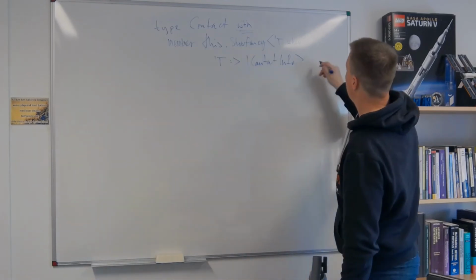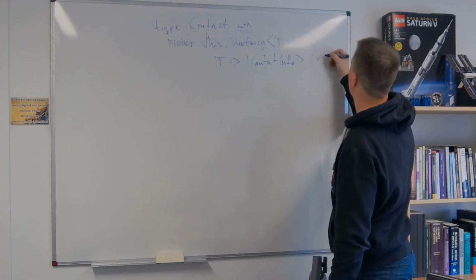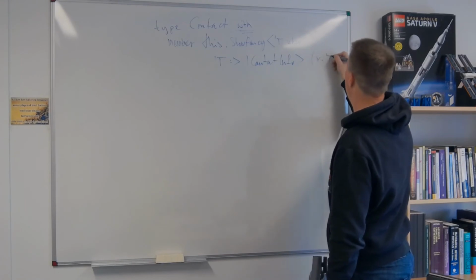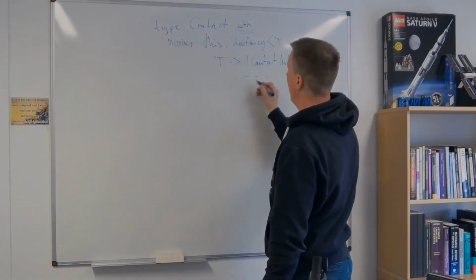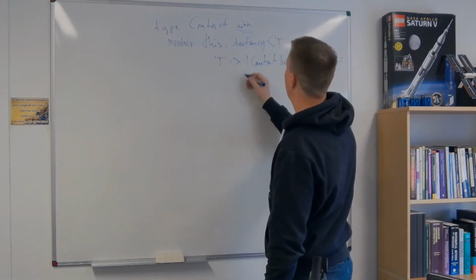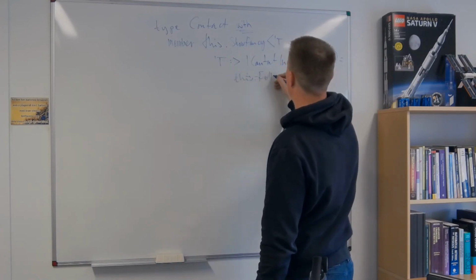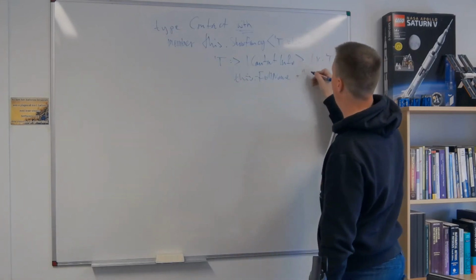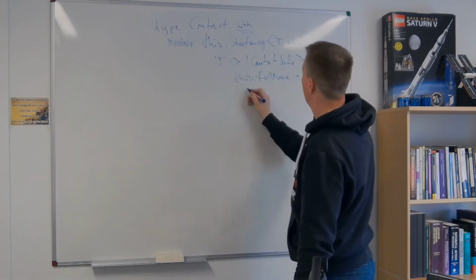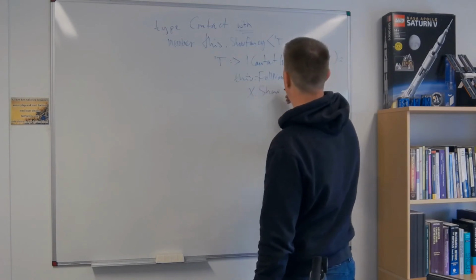And then I can say, okay, so this thing takes a variable x, which is of this type t, equals, and now I can do whatever I want inside this body. For example, I can say this.FullName plus space plus x.Show.